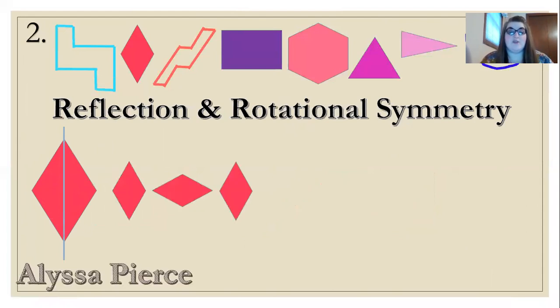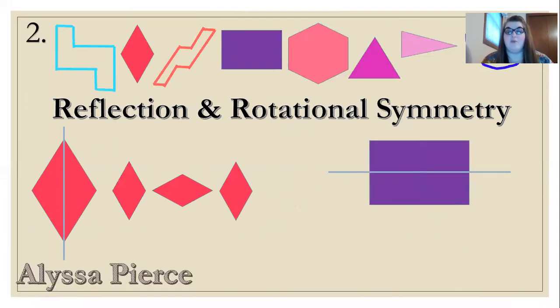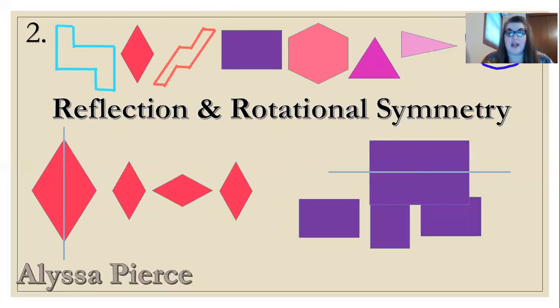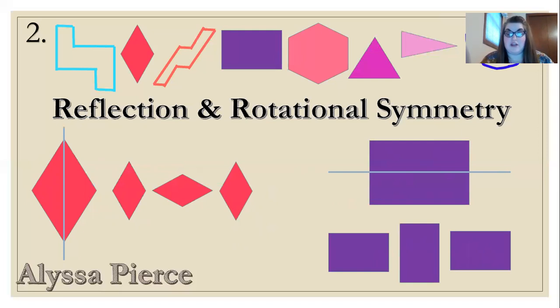And then here is the rotational symmetry, turning it at 90 degrees and then back to 180 degrees. And then here we have a rectangle. I've chosen a horizontal line of symmetry, but you could have also done a vertical line of symmetry. And then we have it turned at 90 degrees and again at 180 degrees. So those both have reflection and rotational symmetry.